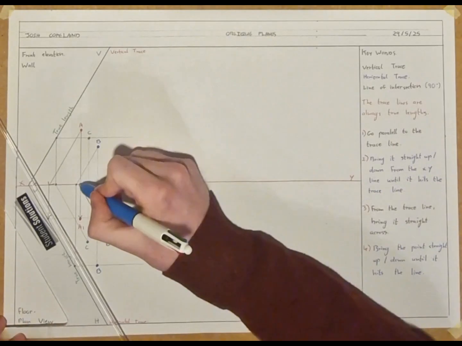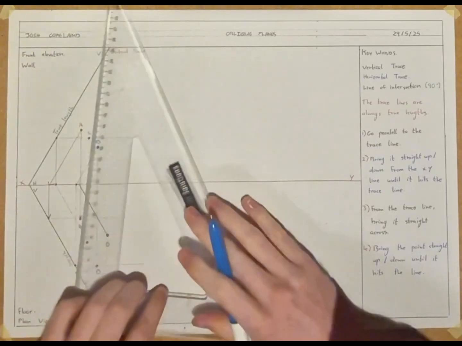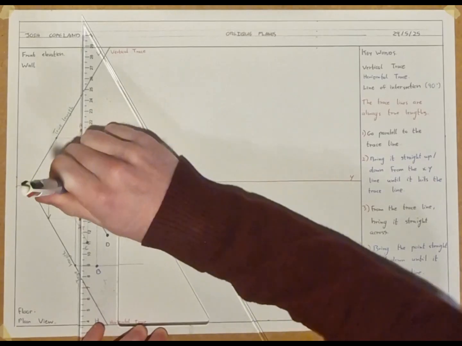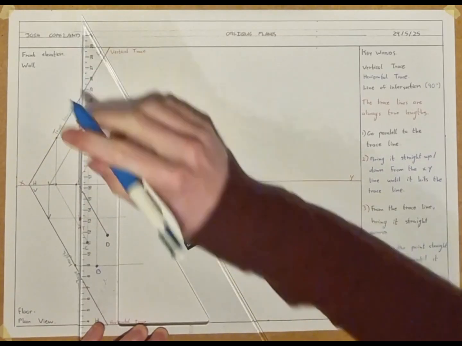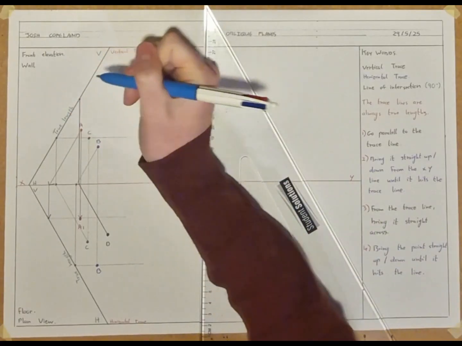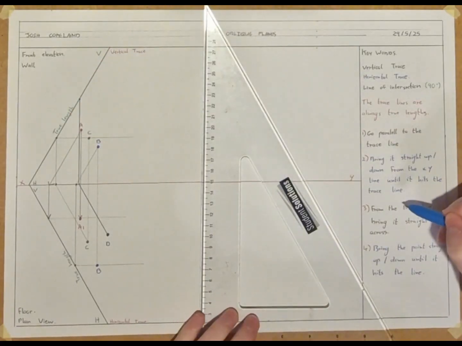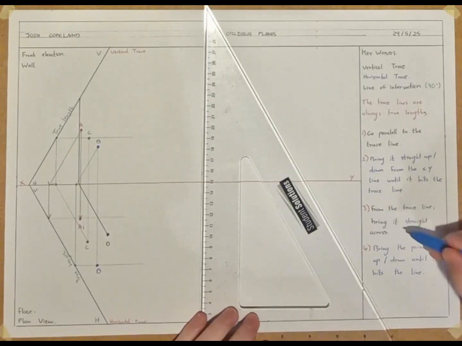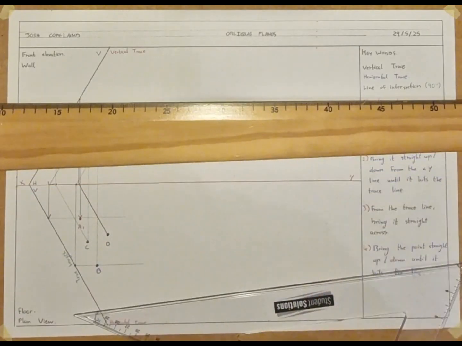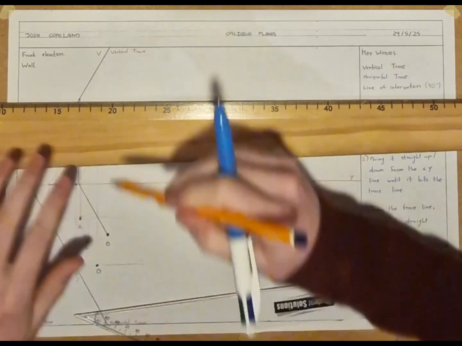Step 2, bring it straight down or up from the XY line until it hits the trace line. So here it is on the XY line. This time we're going to bring it straight up. And that's where it hits the trace line. Now, step 3, from the trace line, bring it straight across. For the sake of this, I'm just going to do it in pencil.